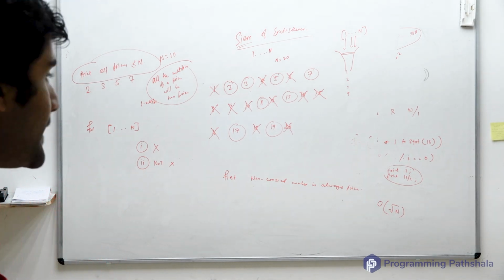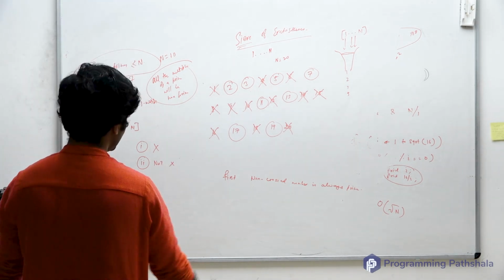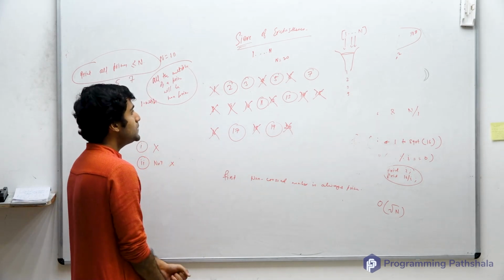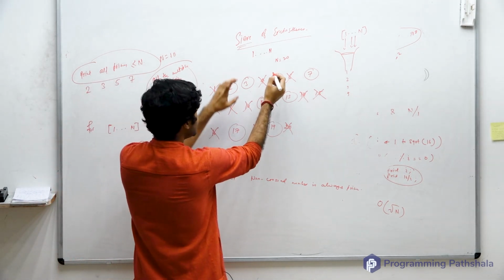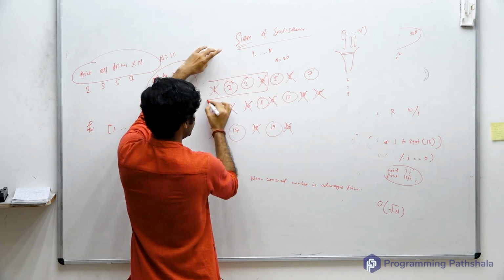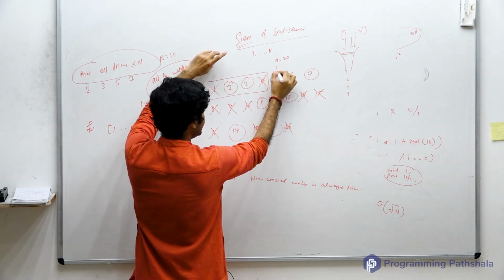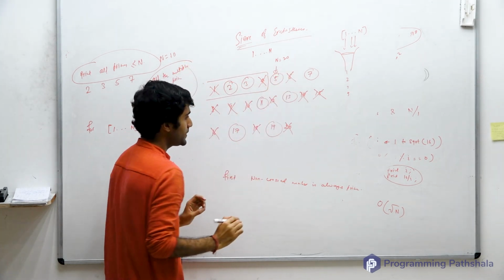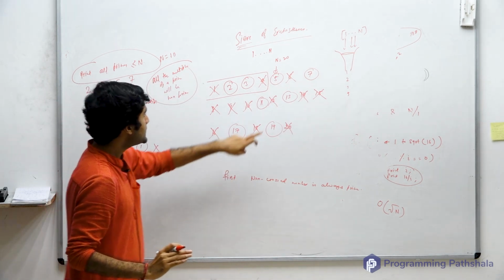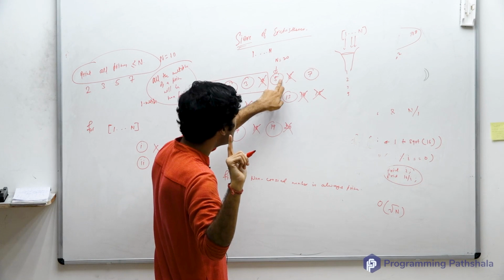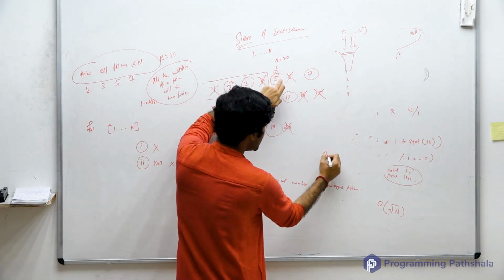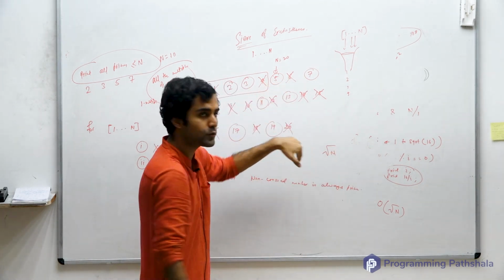Okay, and now let me tell you why it makes sense, why it works. The reason it works is because if you have processed these many numbers, and let's say you arrive here, which is the number 5. Now, I told you that if there is any number n, there must be at least one factor of it which comes before square root of n.